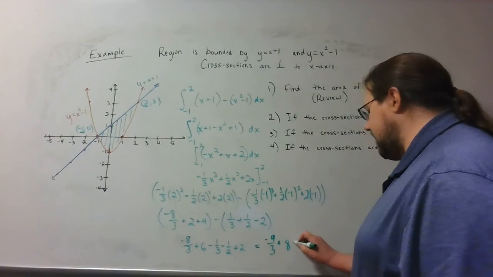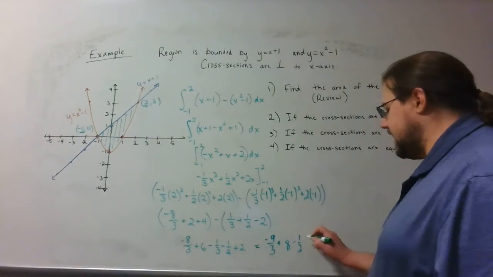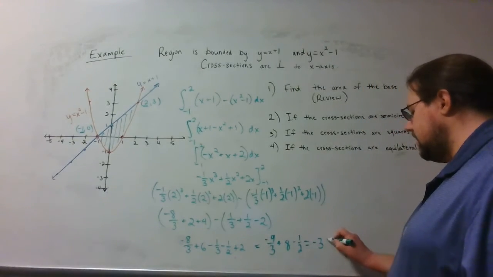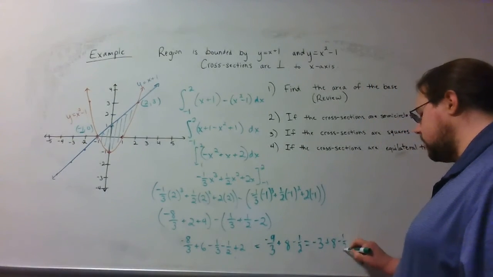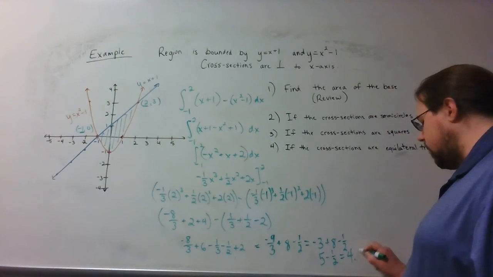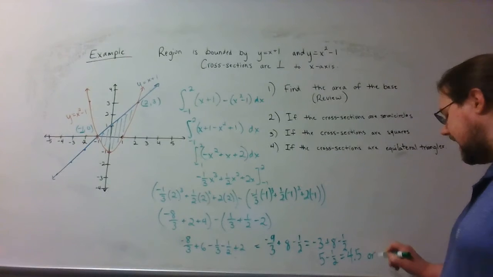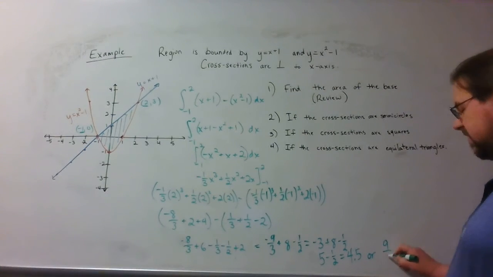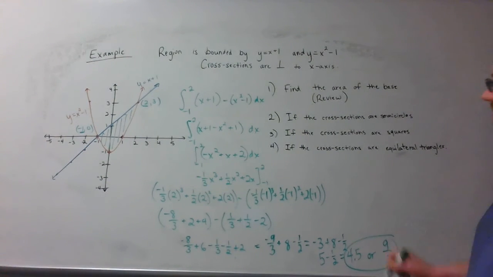I'm going to leave that 1/2 alone for a second. Negative 9/3 is negative 3, plus 8, minus 1/2. Negative 3 and 8 makes 5, minus 1/2 makes 4.5. You could also write it as 9/2. Either one of those works, but that's the area that I wanted from that first example.